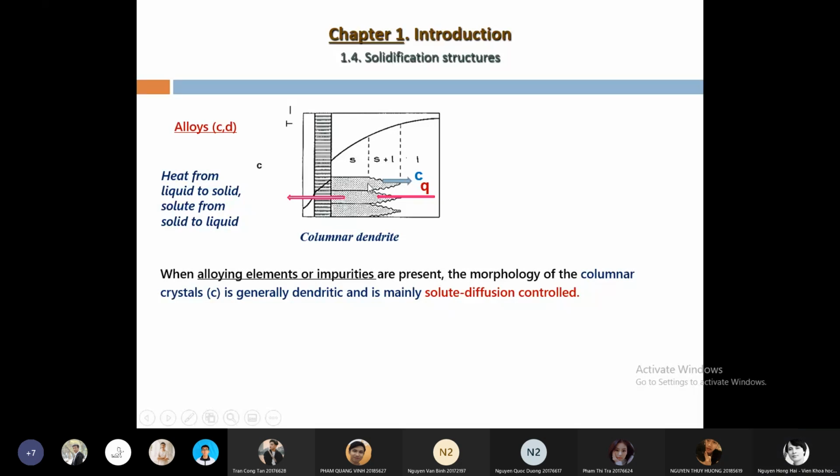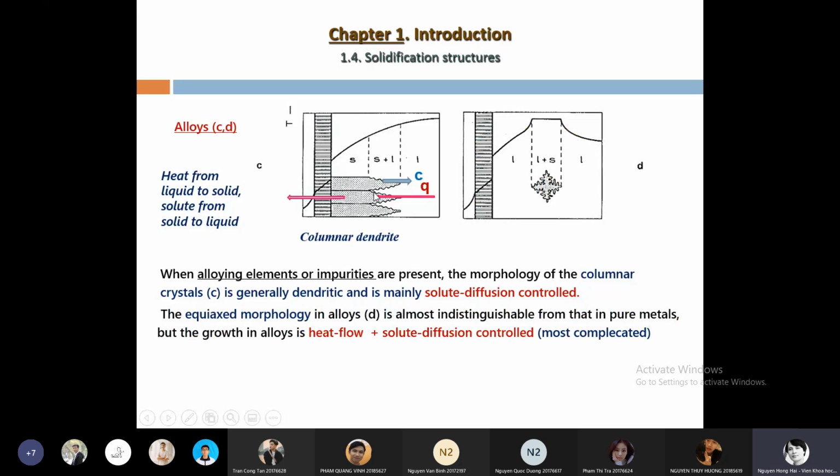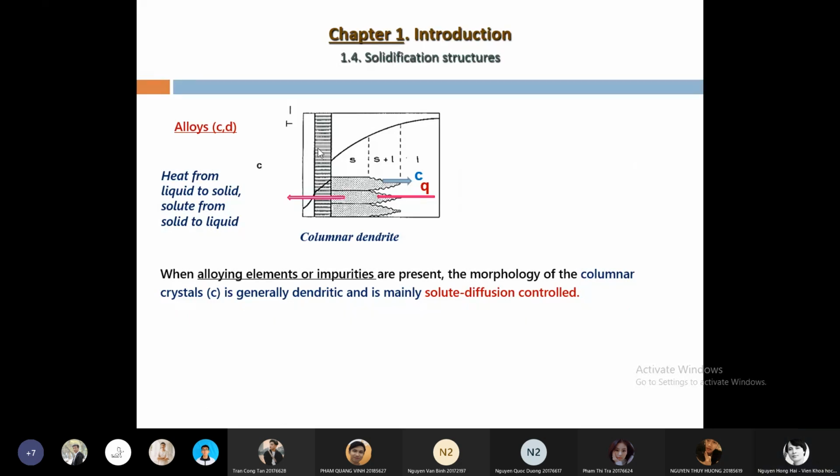So you have here two flows. Heat flow from liquid to solid and to the environment, and the solute flow from solid to liquid, the flow of the alloy element, because the solubility in the solid is lower than that in the liquid. So we have the solid rejecting the alloy element solute.